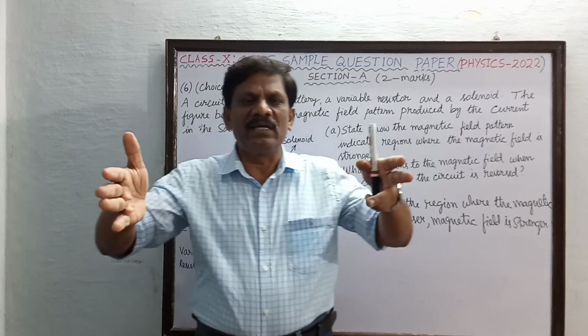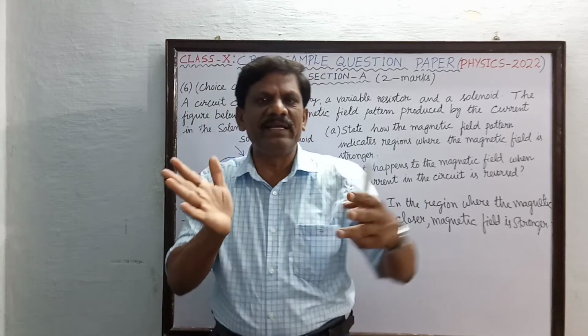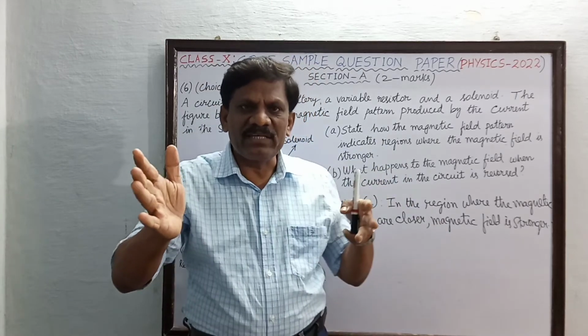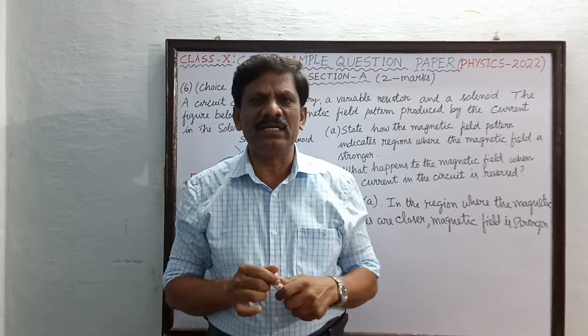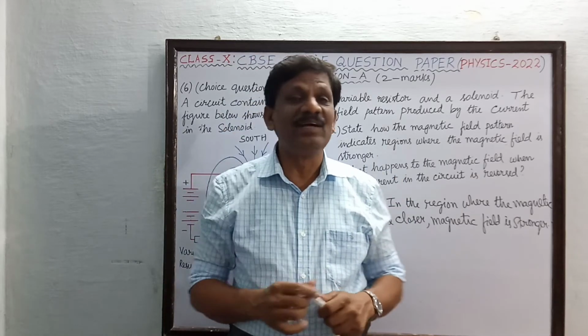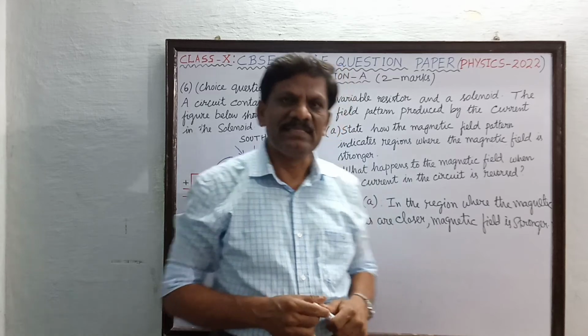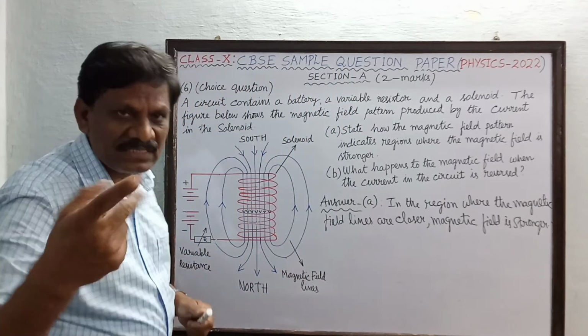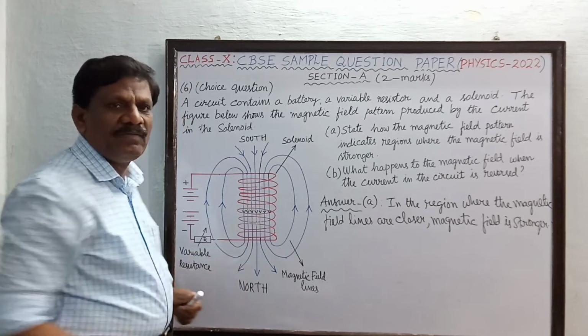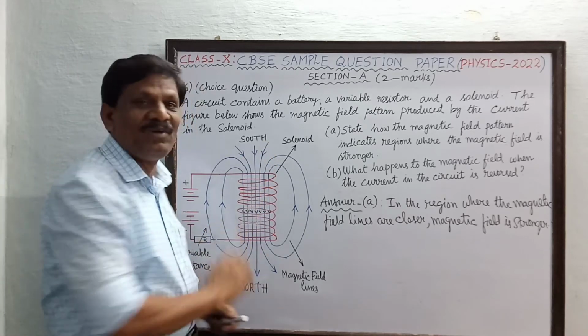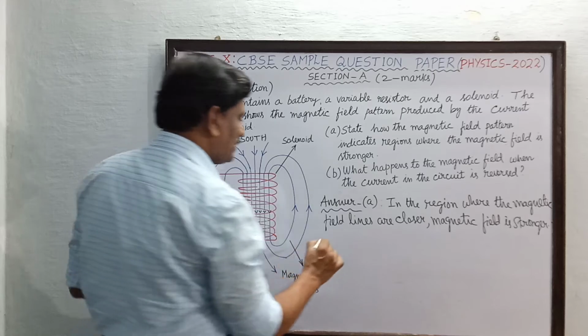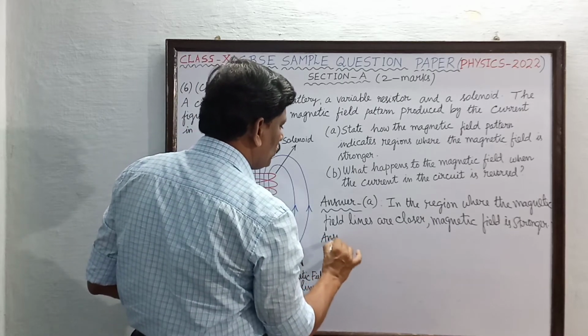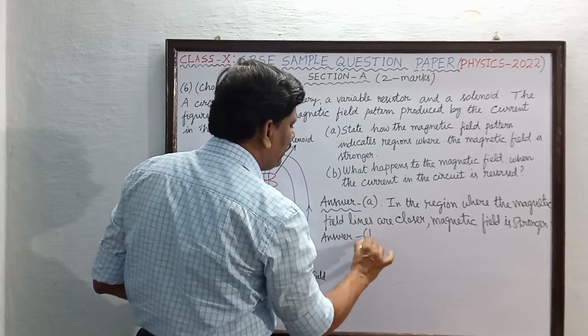When a current carrying solenoid is suspended freely, it will align in the north-south direction of the Earth's magnetic field. Why? It behaves like a bar magnet. In the same way, here if the direction of the current is reversed, then the top end will become north pole and the bottom end will become the south pole. That is the answer.